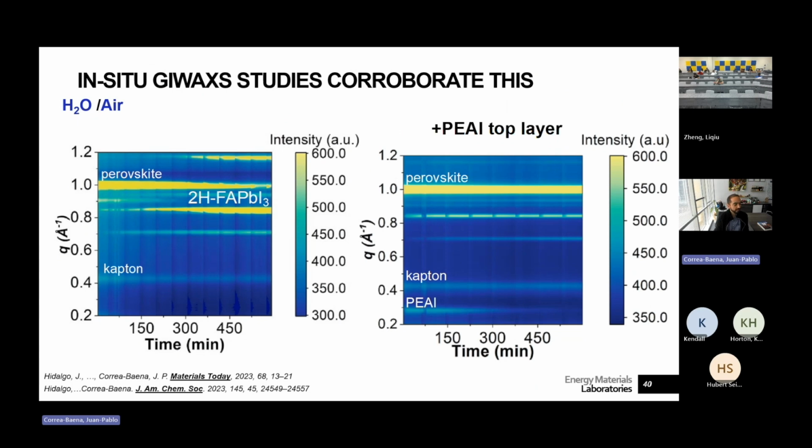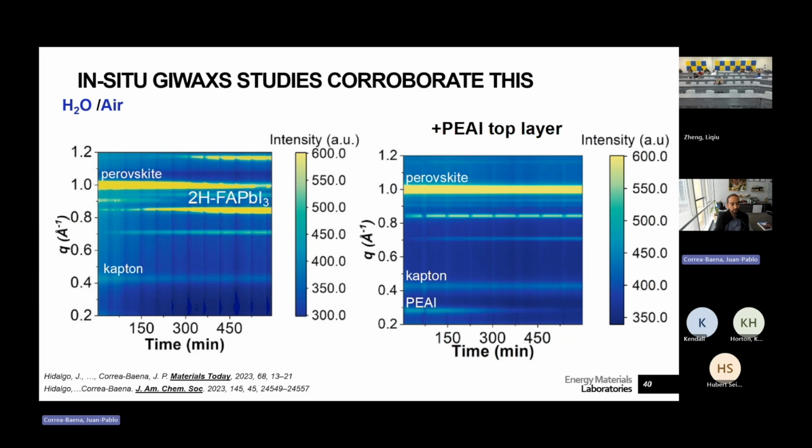We went back again and said, okay, let's check that this is not a fluke. We did the same measurement. This is a similar sample, but at a different time, 3 months later, and you can see the same thing happening. But now what we've done differently is that we've put this organic material at the surface. Now we've put this PAI structure, this organic material that forms that 2D structure, on the surface. And in both cases, we expose them to moist air.